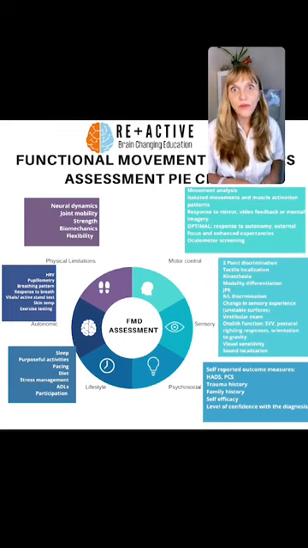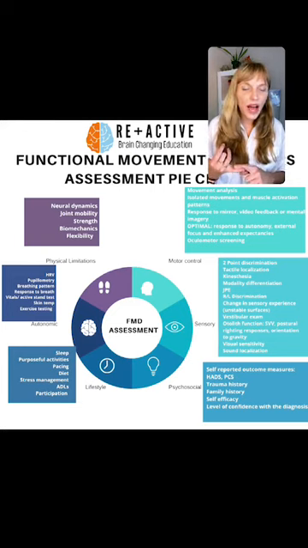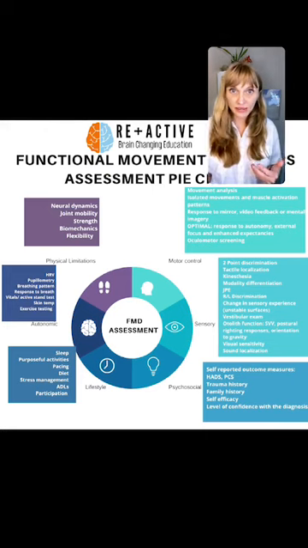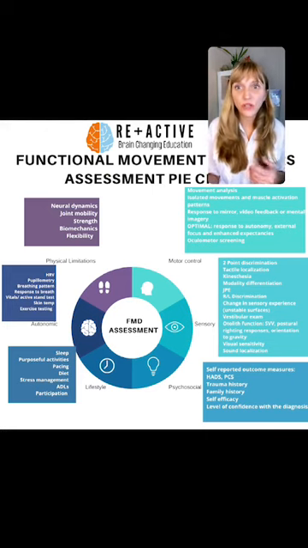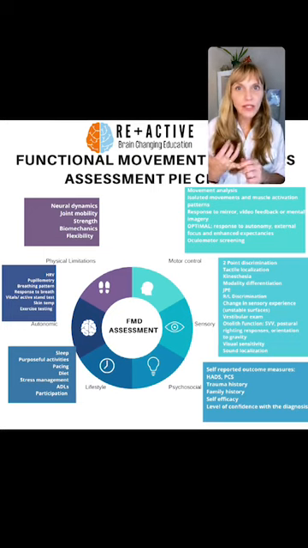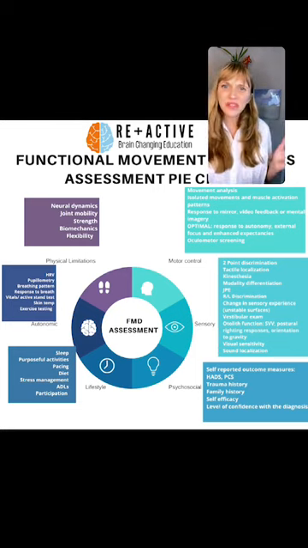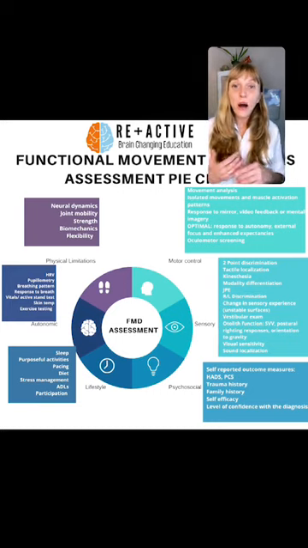And then finally, and last but not least, are the physical limitations. So many people that we work with who have a functional movement disorder have had a physical accident or trauma that we also need to address and ensure has had full resolution. So we see a lot of things like impaired neural dynamics, maybe just joint mobility, strength, their overall biomechanics and flexibility. These are things that we're used to looking at.